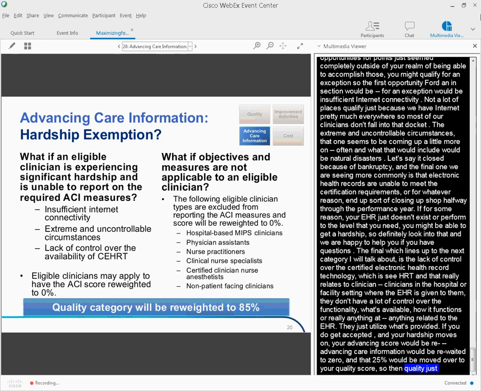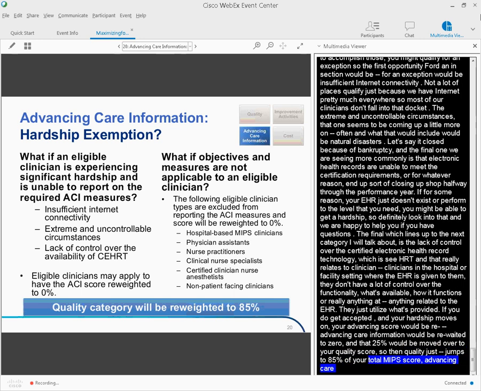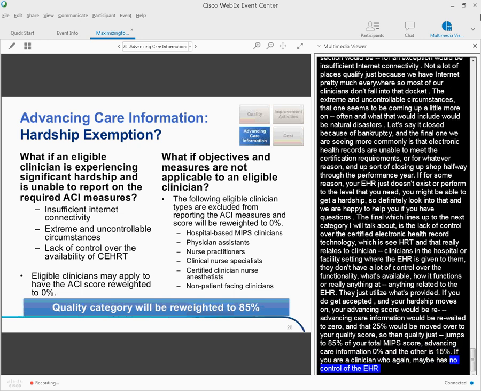Now, if you're a clinician who, again, maybe has no control over your EHR, because you're hospital-based or in a facility, you might qualify for an automatic reweighting.